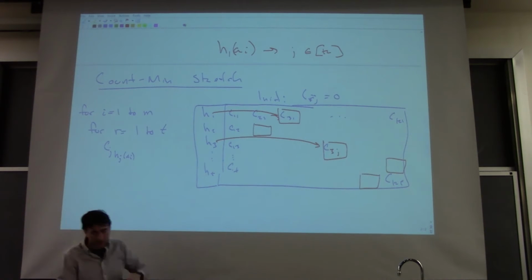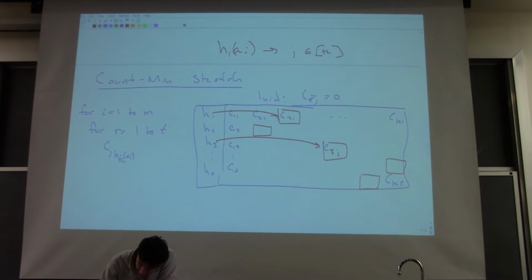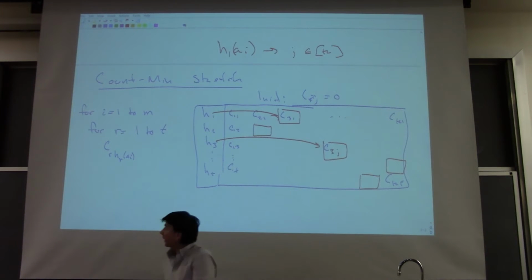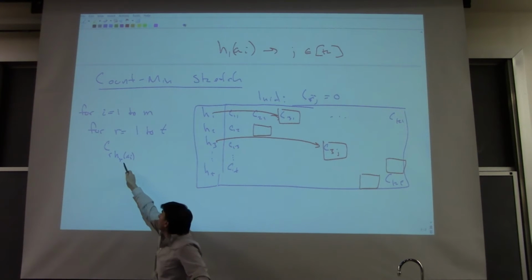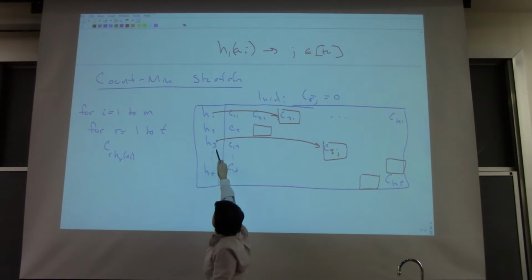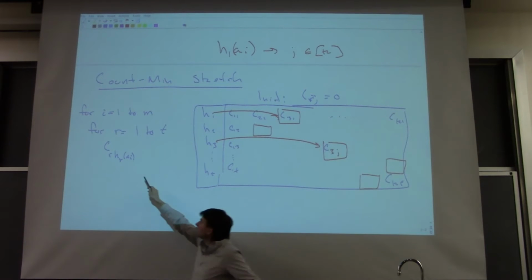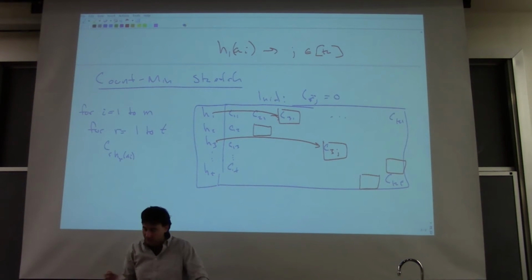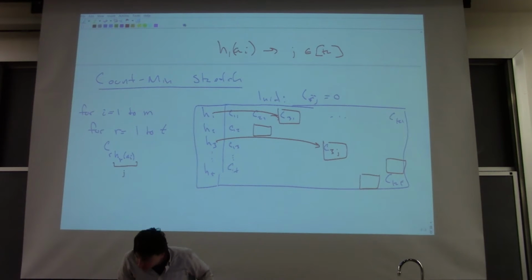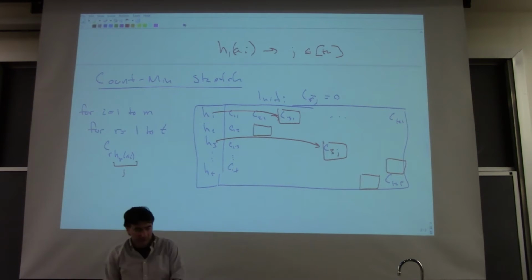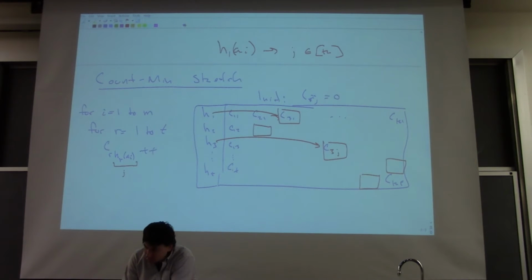So C of r, h_r of a_i. Here r is 3, the third hash, to the jth counter, and j is this quantity here. So I've hashed to this counter, and I'm just going to increment it.